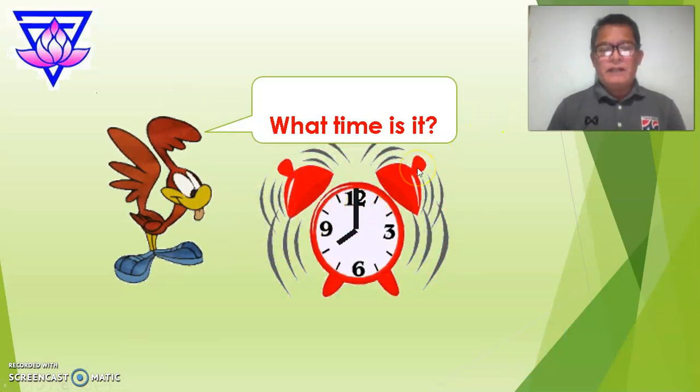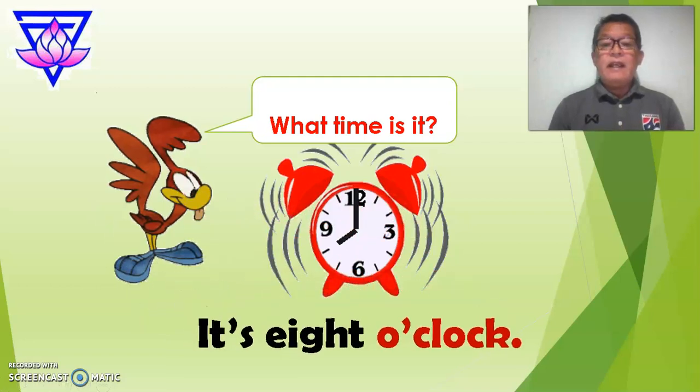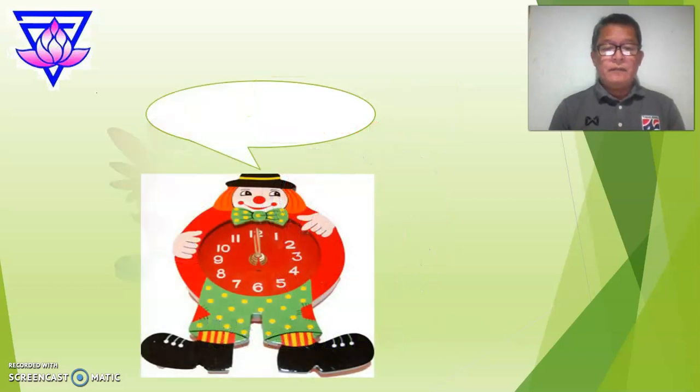What time is it? The long hand is on the 12 and the short hand is on the 9. 1, 2, 3, 4, 5, 6, 7, 8. So the time is 8 o'clock. What time is it?